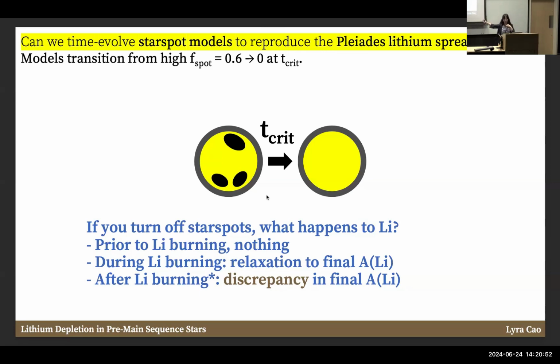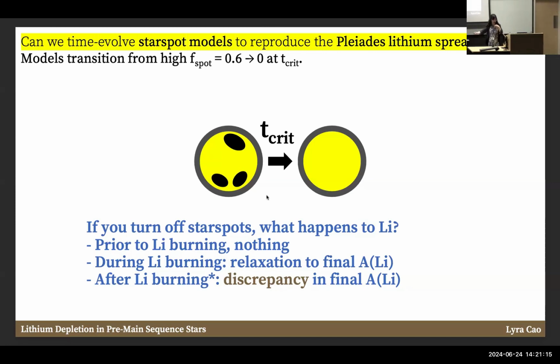And so the thought experiment that we take is that we initially start off stars with a whole bunch of star spots. Then we turn off the star spots at some time. And if we turn off the star spots significantly before lithium burning occurs, then the end result lithium abundance will mimic that of a star that has never had spots on it.